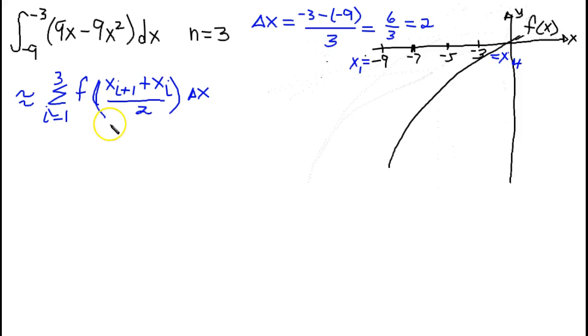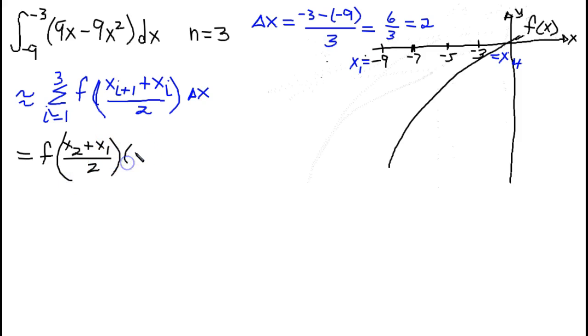This formula is going to help us figure out the midpoint for each of these intervals. Let's see what this gives us. When i is equal to 1, that's our first value, we're going to have f of (x sub 2 plus x sub 1) over 2 times our delta x.